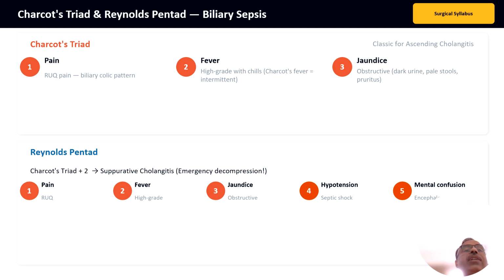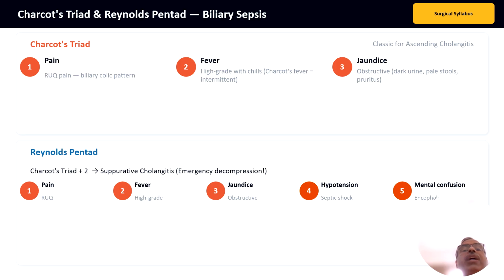Charcot's triad consists of three important symptoms and signs, and that is pain, classically described in the right upper quadrant, which is a colicky pain, and specifically it can sometimes be labeled as biliary colic. The second component of Charcot's triad is a high grade fever with chills and rigors.